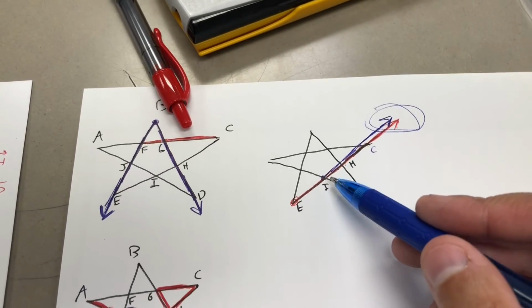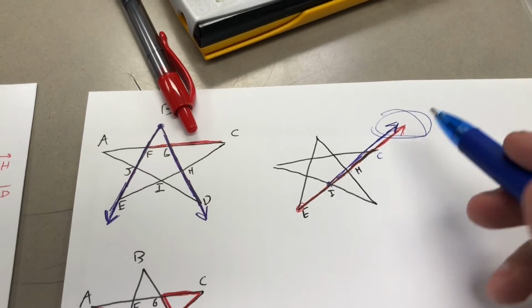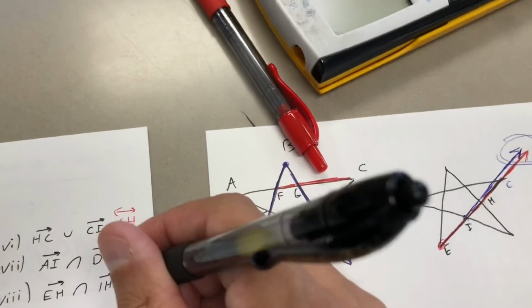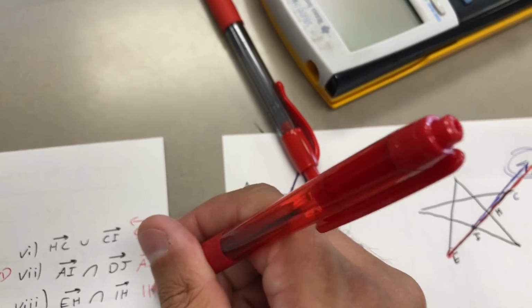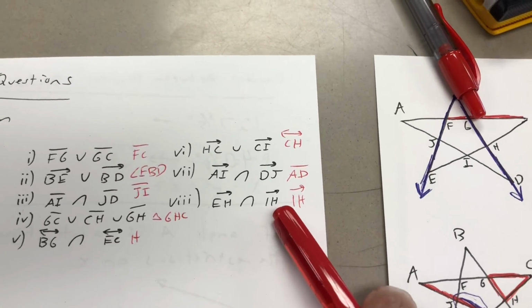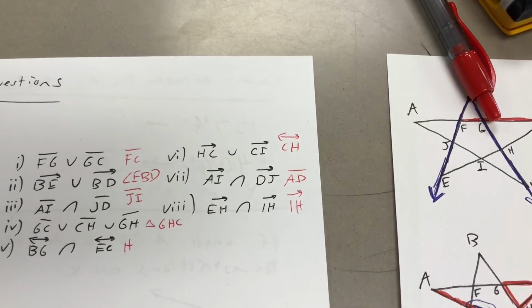So that is ray starting at I, going out in the direction of either H or C. Remember, you use 2 points. You can call that IH or IC. I'm just going to call it ray IH. And so literally, ray IH totally overlaps that other segment. And so the overlap is completely along that ray.